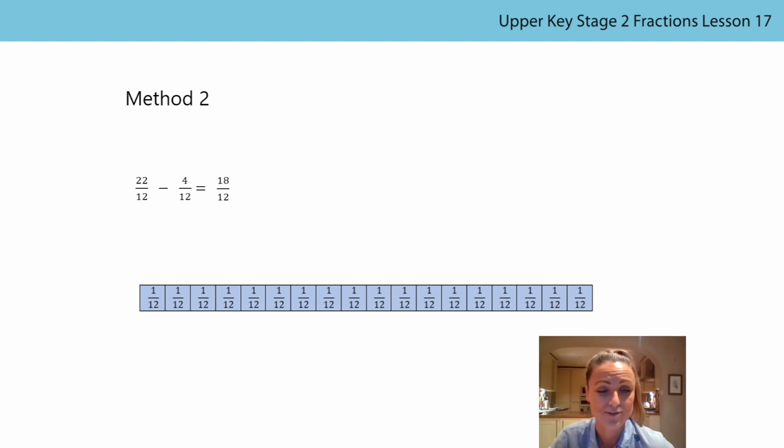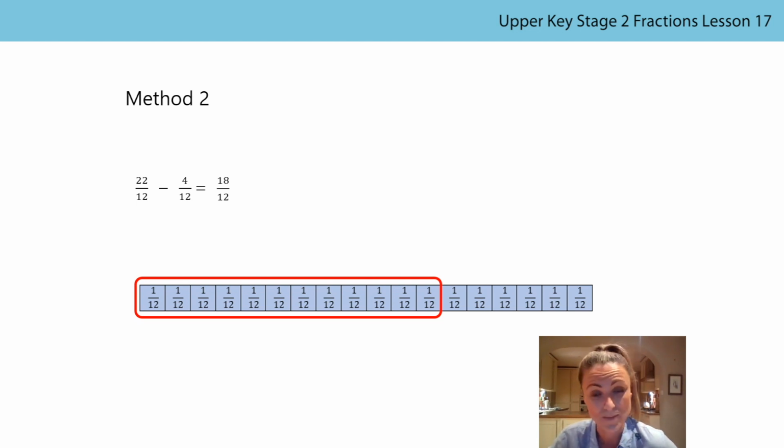That's right, it's 12 twelfths will make one whole, and we can see that here. So we've got one whole and we've got 6 remaining parts, or 6 twelfths left over as the fractional part. So I've now converted 18 twelfths into one whole and a fractional part, which is 1 and 6 twelfths.